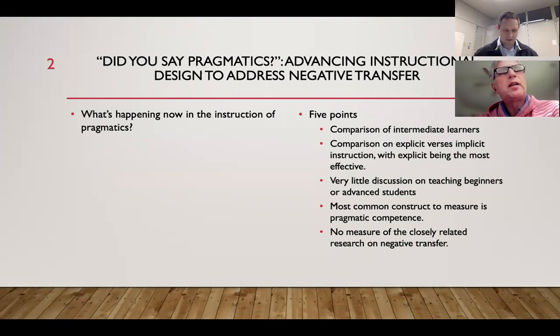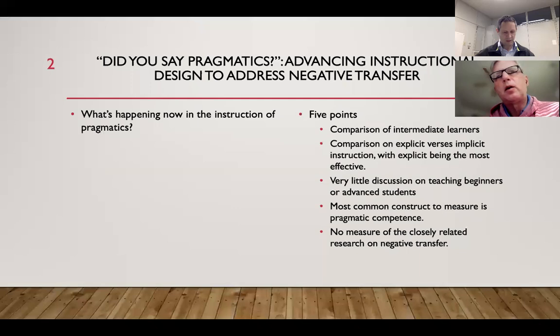Let's get started with talking about what's happening now in the instruction of pragmatics. Up until recently, there's been a huge emphasis on the comparison of intermediate learners in research on the instruction of pragmatics. Most of the research has explored what's more effective, explicit or implicit instruction.